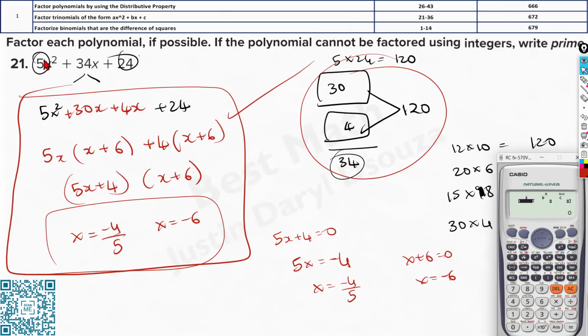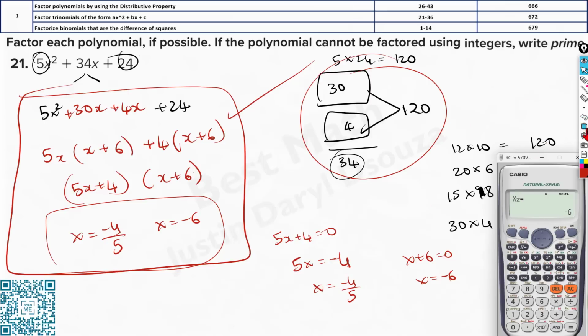A is the first term, see this 5, whatever is the coefficient of the highest degree, that's x power 2. So 5 is over here. What about the next term, 34, which is the coefficient of x? And last is just the number 24. We need to write it entirely. So now the answer which we get is x equals negative 4 by 5 and x is equal to minus 6. These two answers are very crucial.